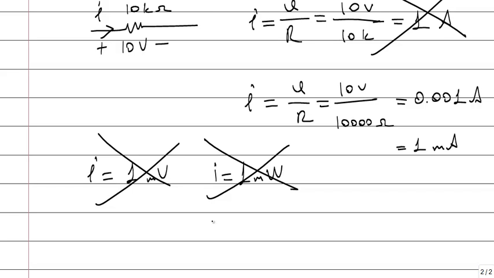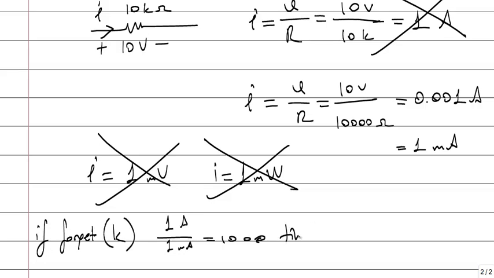If you forget the kilo, you will find 1 amp, 1 amp divided by 1 milliamp. So your result will be 1,000 times different from the actual answer. So that's very important. If you forget kilo, you get 1,000 times different results.